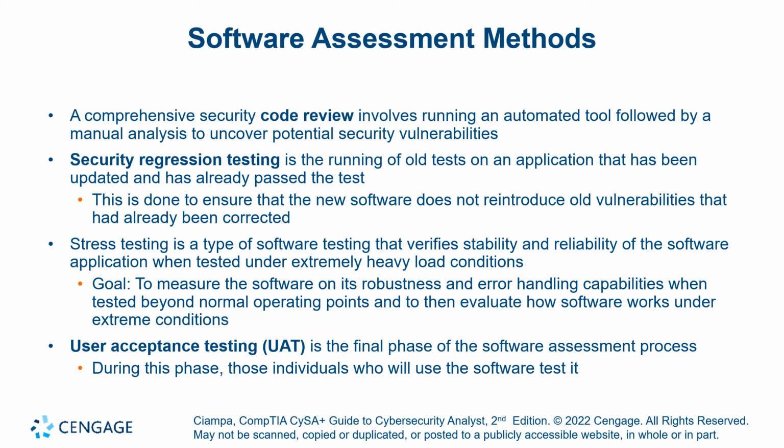Stress testing is a type of software testing that verifies stability and reliability of the software application when tested under extremely heavy load conditions. The goal is to measure the software on its robustness and error handling capabilities when tested beyond normal operating points, and to evaluate how software works under extreme conditions. User acceptance testing, or UAT, is the final phase of the software assessment process. During this phase, those individuals who will use the software test it.